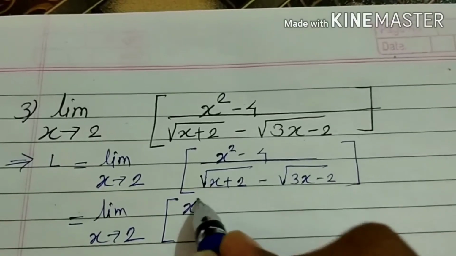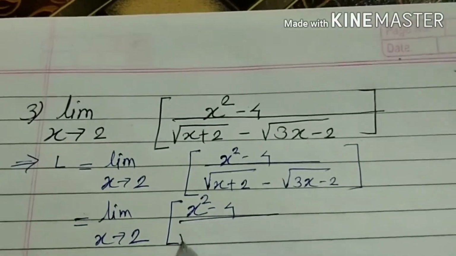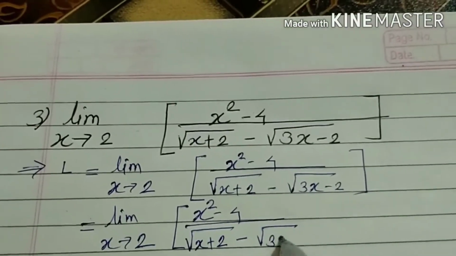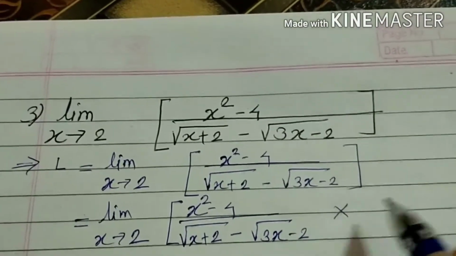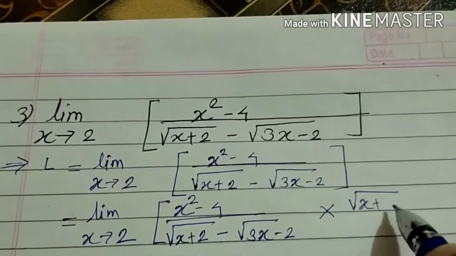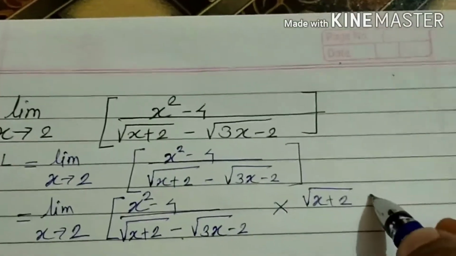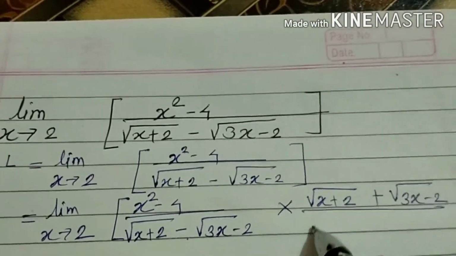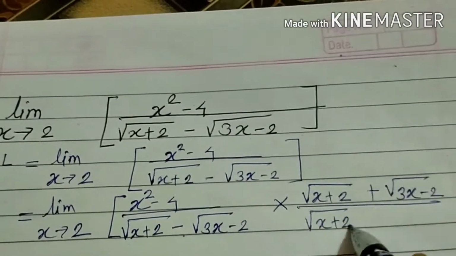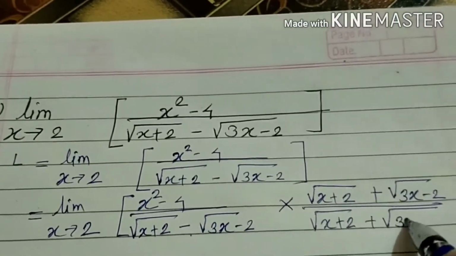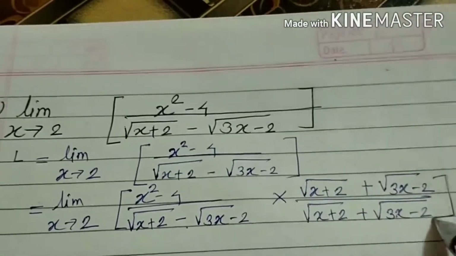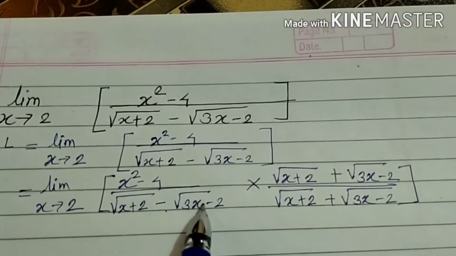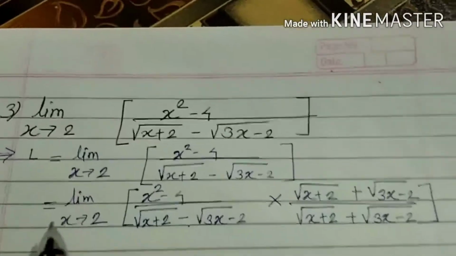So here x square minus 4 under root of x plus 2 minus root 3x minus 2 into root x plus 2, here minus, so its conjugate will become plus 3x minus 2, and the same divide plus under root of 3x minus 2. Now same method, it is a minus b, a plus b.